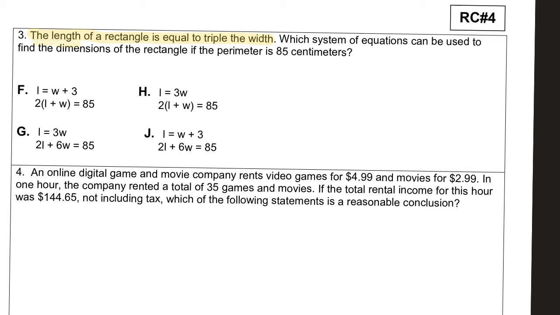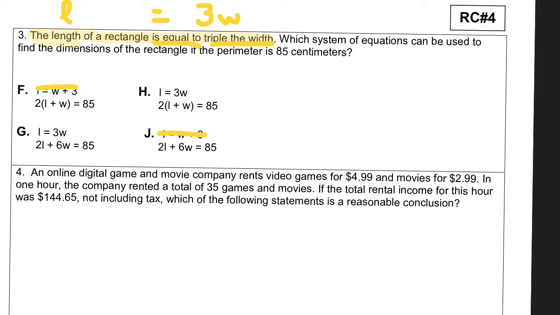So it says the length, that's L, is equal to, that's an equal sign, triple the width. Triple implies that the width is being multiplied by 3. So when we look at our answer choices, we can eliminate F and J.